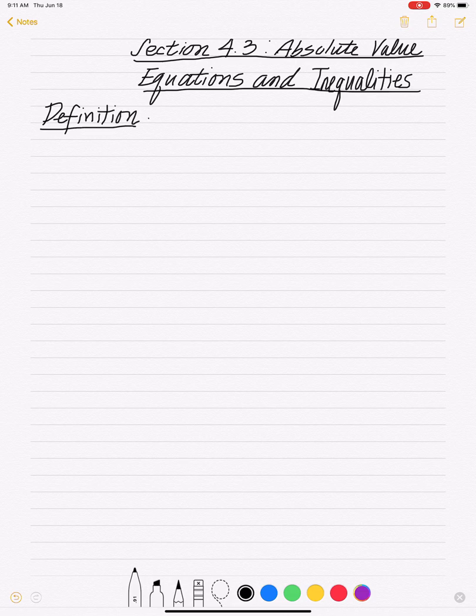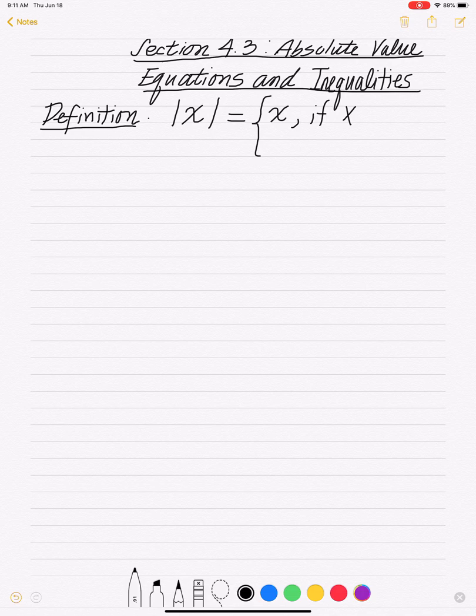If I were to write the absolute value of x, I don't know if you've seen this before or not, the absolute value of x is equal to one of two things. It's defined in a piecewise manner. The first case is the absolute value of x would be x if x were greater than or equal to 0.